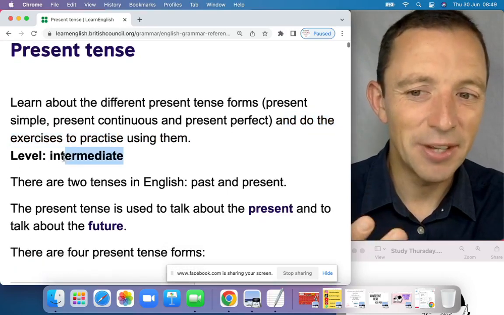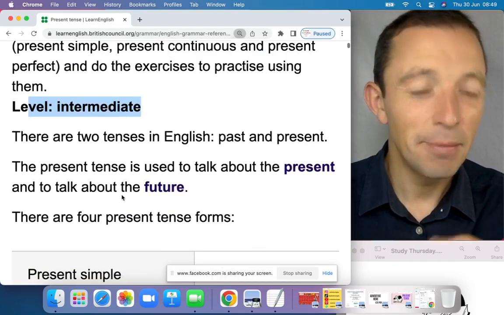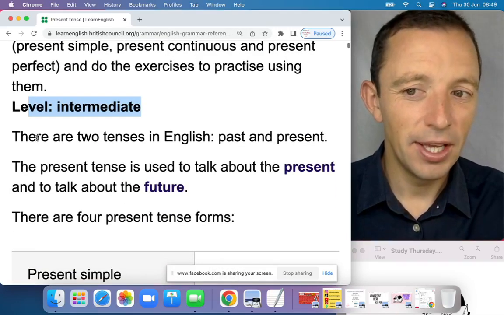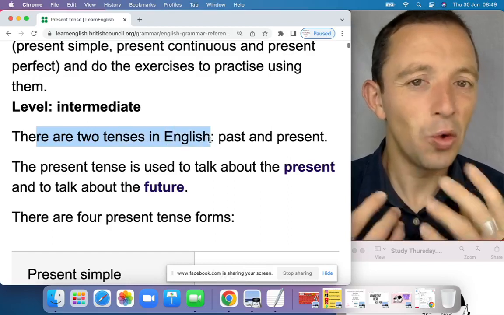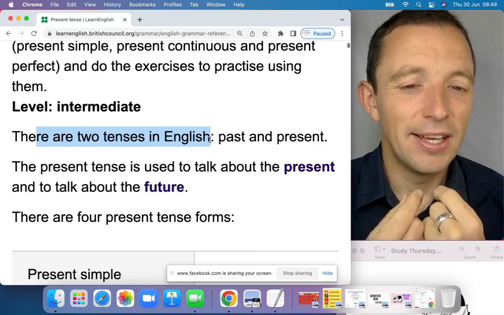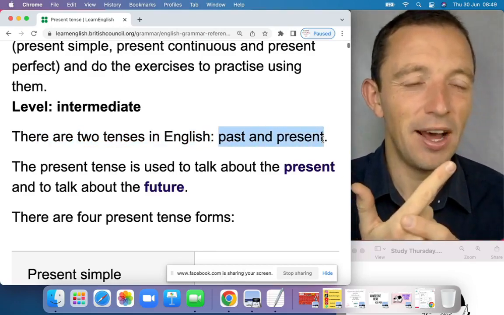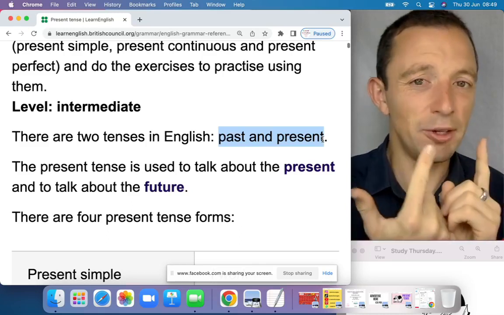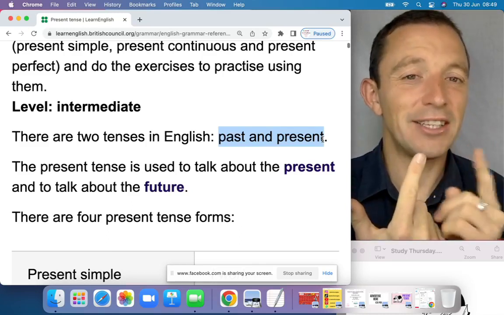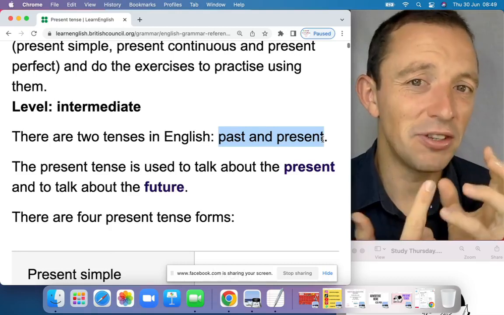This is level intermediate, and this is very interesting because in English there are two tenses only, and this is new for me. There's only the past tense and the present tense. I am surprised because of the future. To create the future is a little different. The future is probably considered the modal.